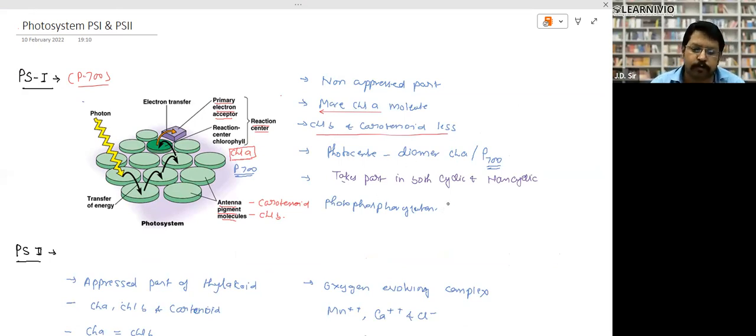What is photophosphorylation? Formation of ATP. So formation of ATP is called photophosphorylation technically, right?